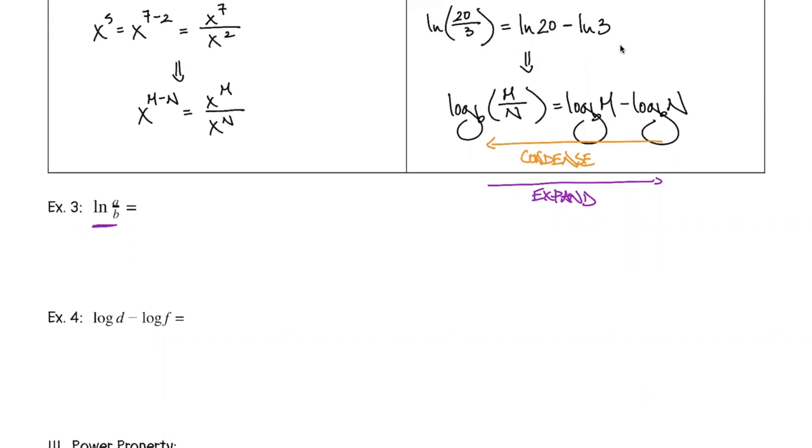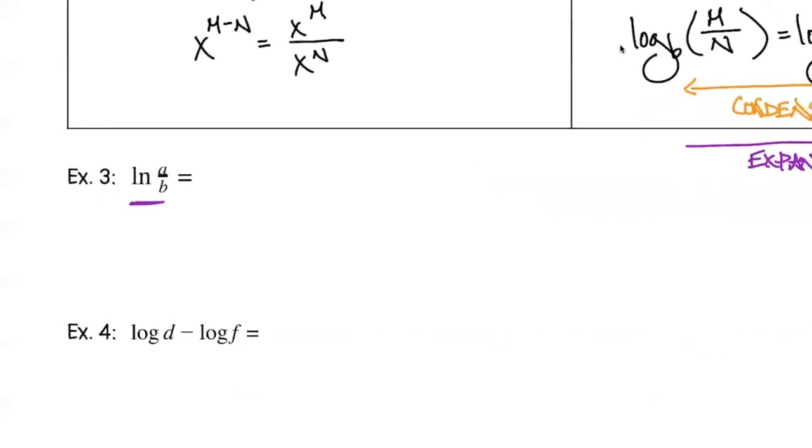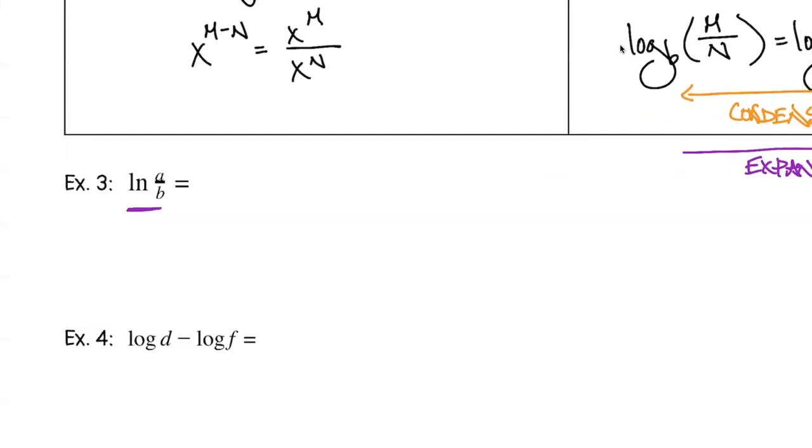And so what are we going to have here for a natural log of a over b? Yeah, natural log a minus natural log b.